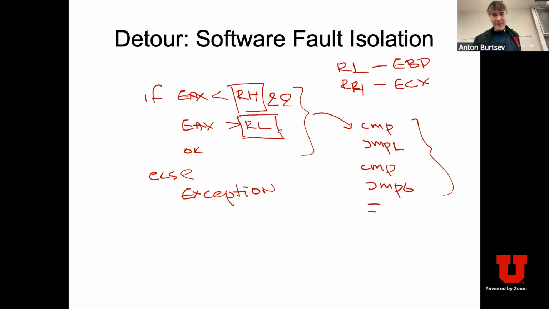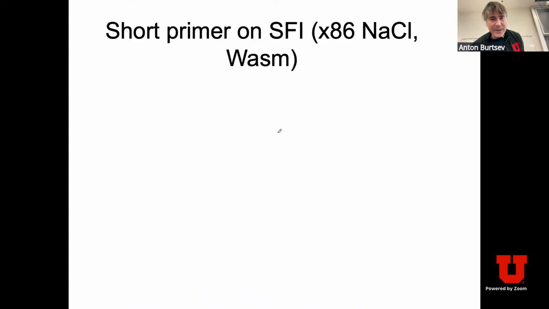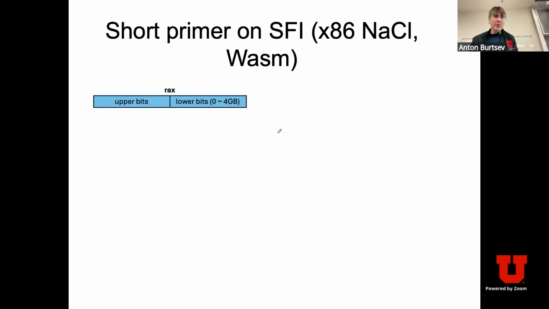Okay, enough talking. The example which they came up with, which is pretty cool, is the following. Imagine on 64-bit machines, RAX is a 64-bit register. We restrict the allowable address space to just 4 gigabytes, the lowest 32 bits. Everything in the upper bits doesn't matter to us.